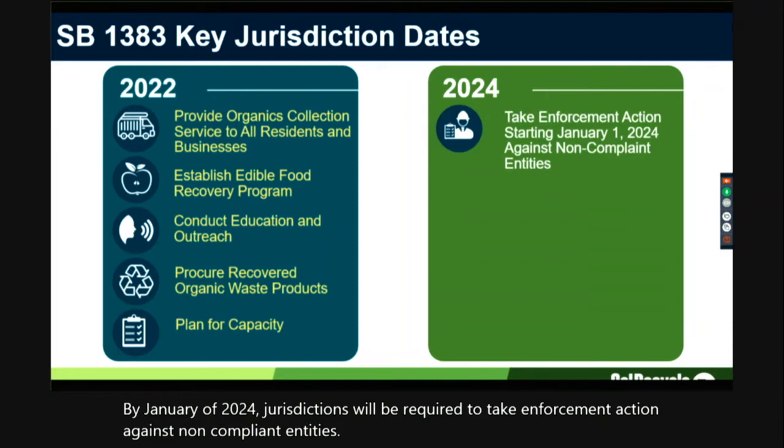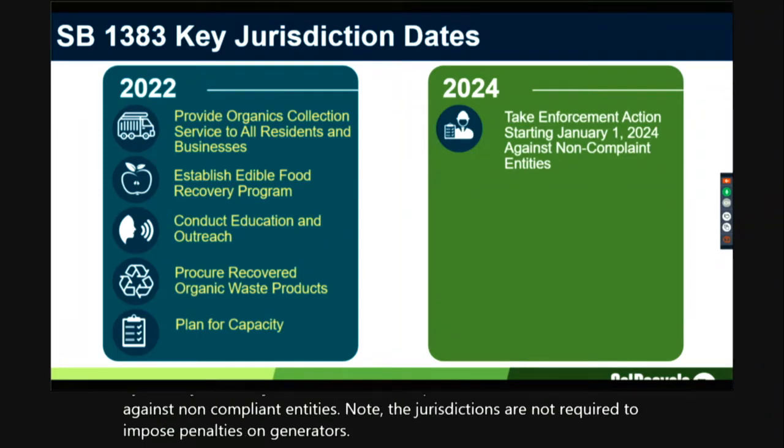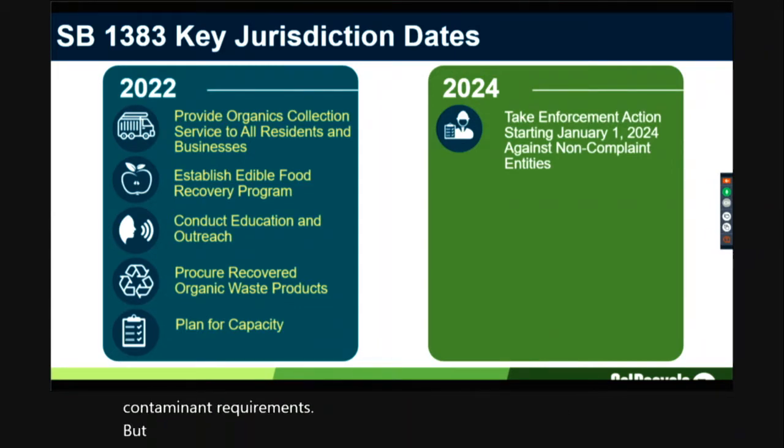Note that jurisdictions are not required to impose penalties on generators found in violation of prohibited container contaminant requirements, but there are monetary penalties associated with other requirements of the law.